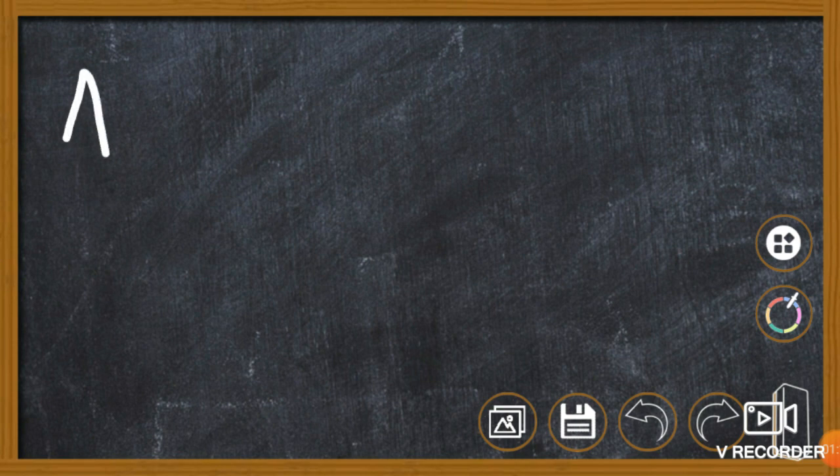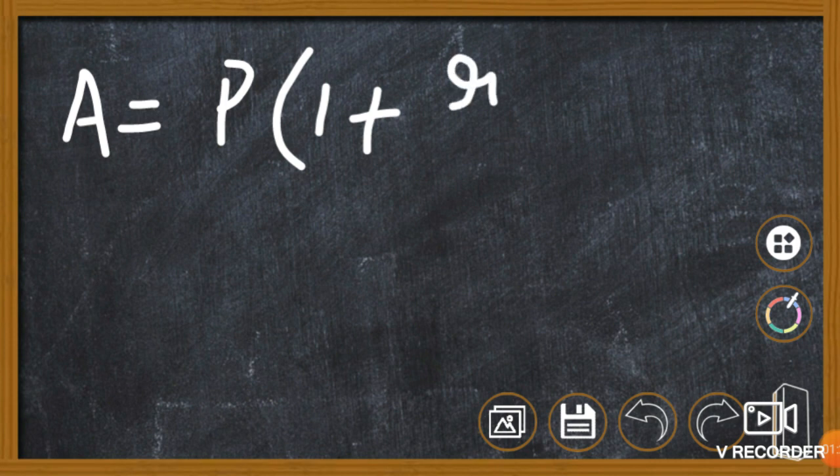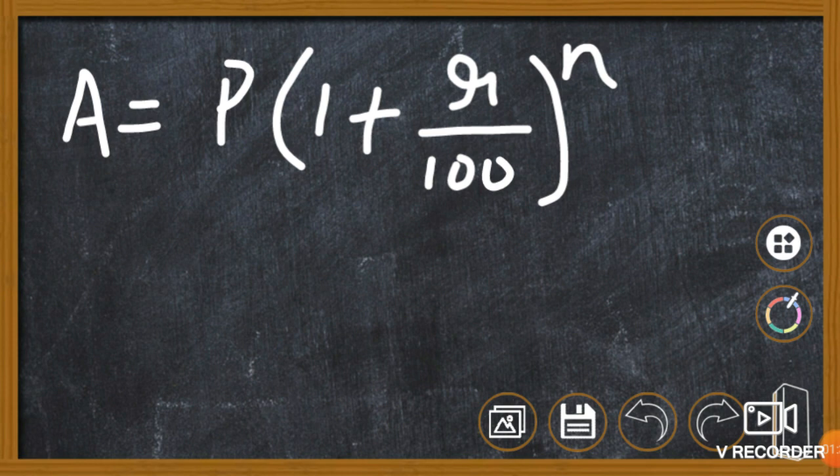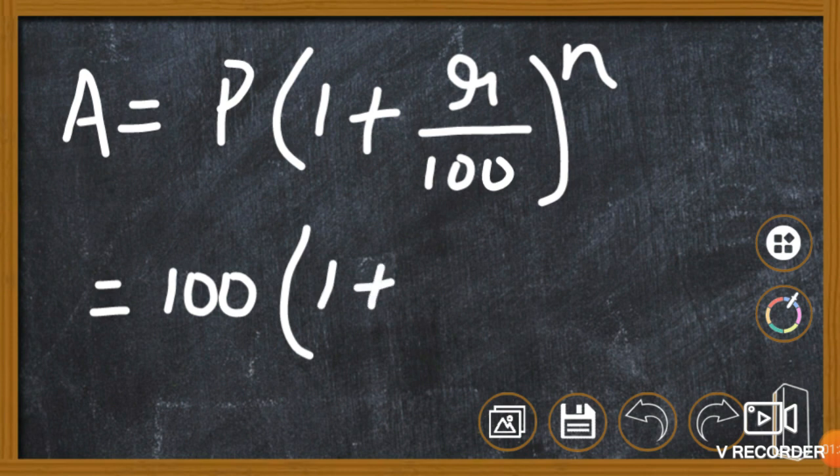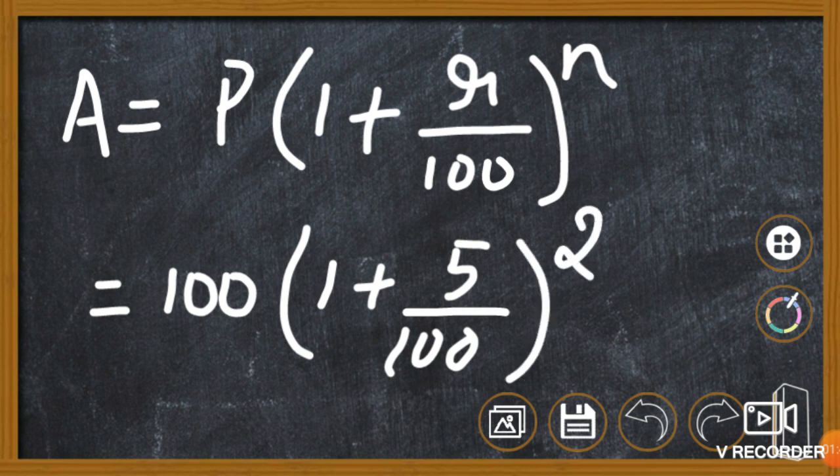Use the formula amount is equal to P into 1 plus R by 100 to the power n. That is, principal is taken as 100, R is taken as 5%, and n is 2 years. Substitute P as 100, R as 5 and n as 2.